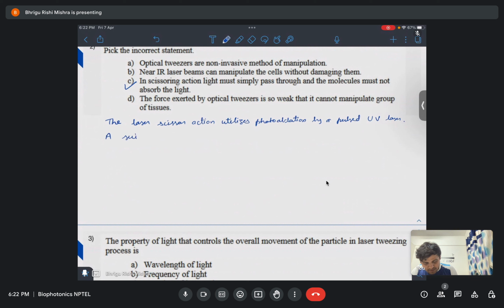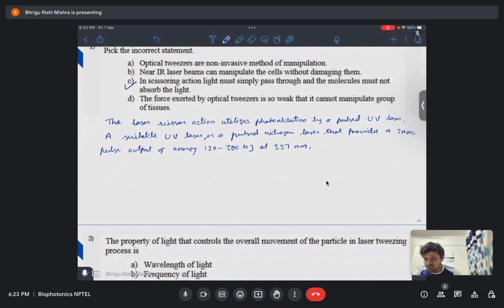A suitable UV laser is a pulsed nitrogen laser that provides a 3 nanosecond pulse output of energy 120 to 300 microjoule at 337 nanometer wavelength.